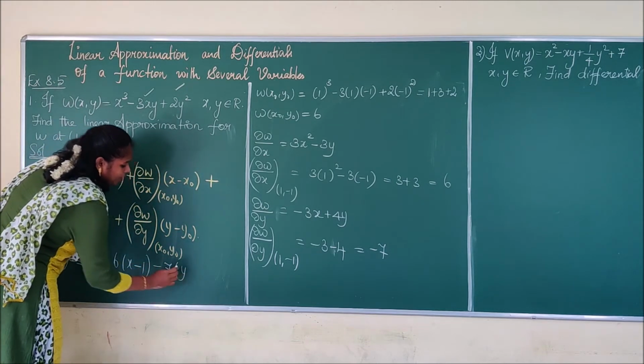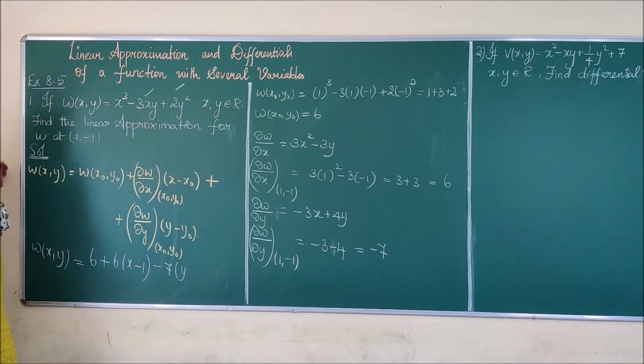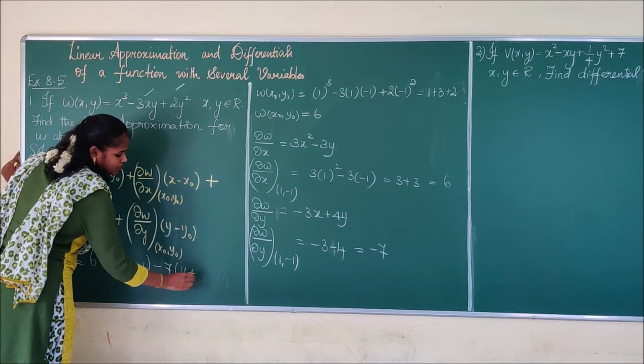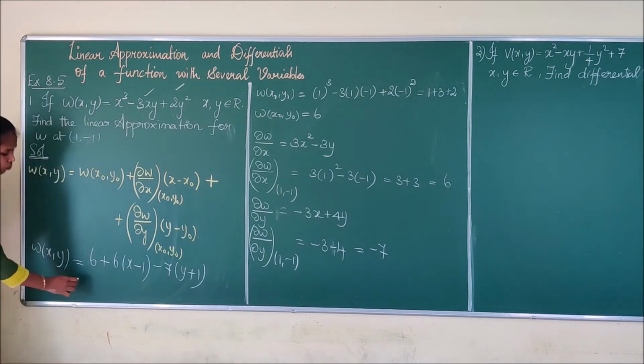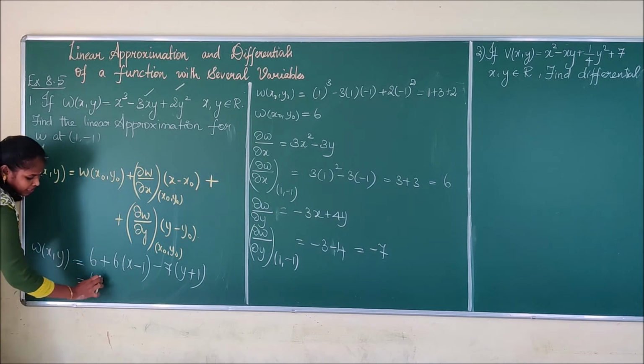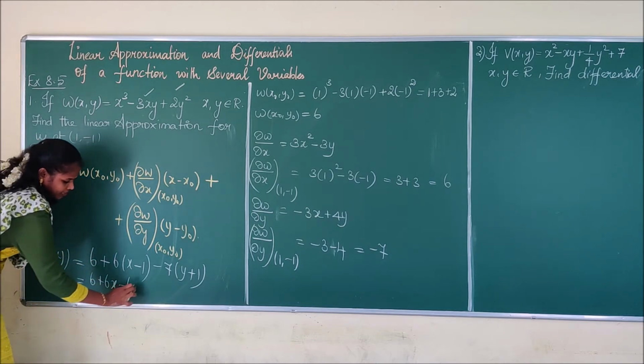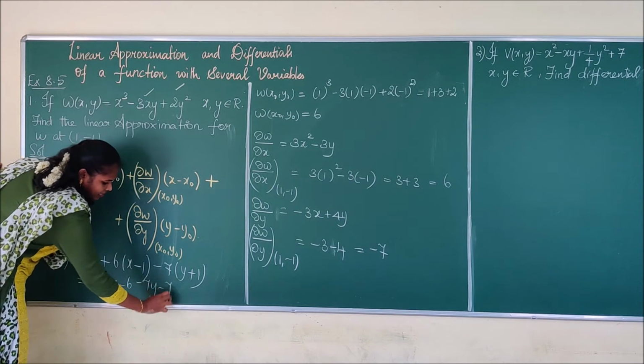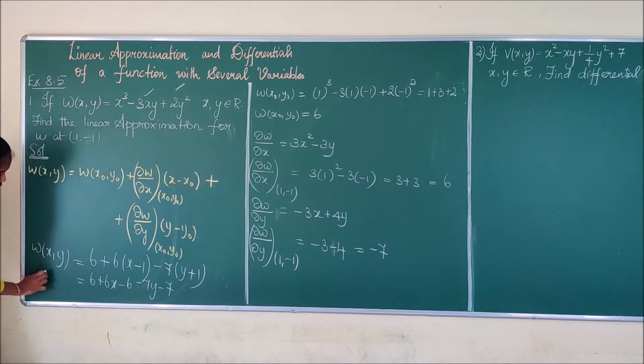Again y minus y naught. I have y naught as minus 1, so minus into minus is plus. So this is equal to, now I am just going to multiply: 6 plus 6x minus 6 minus 7y minus 7. Okay, this is my W of x comma y.